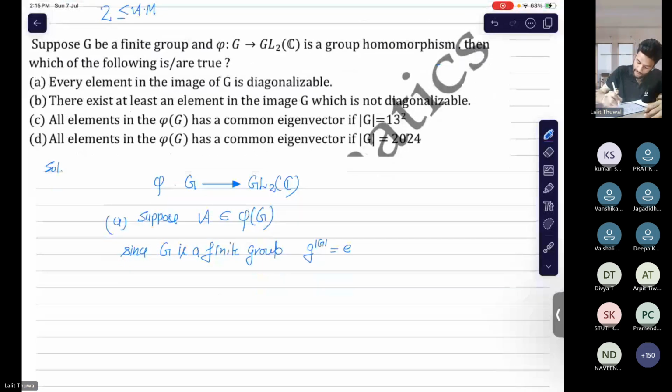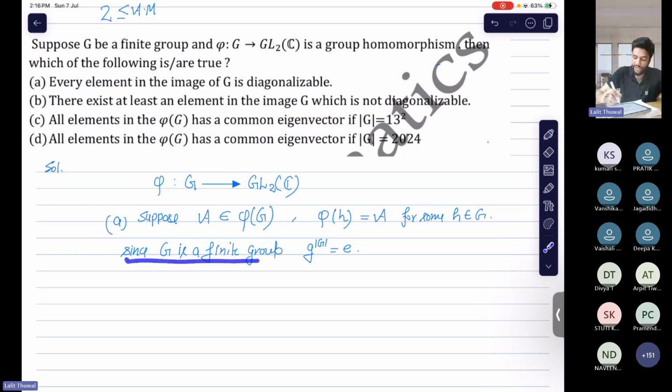Suppose that A is in the image, then phi of h equals A for some h in G. If G is a finite group, then g to the power order of G, let's denote it by k, g to the power k equals e for all g in G. So h to the power k is also equal to identity.